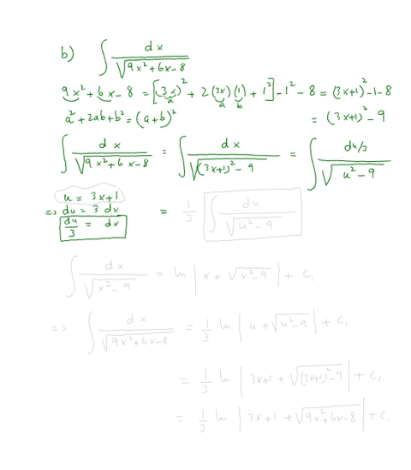Now I'm going to take 1 over 3 outside. This is going to be equal to 1 over 3 times the integral of du over the square root of u squared minus 9.